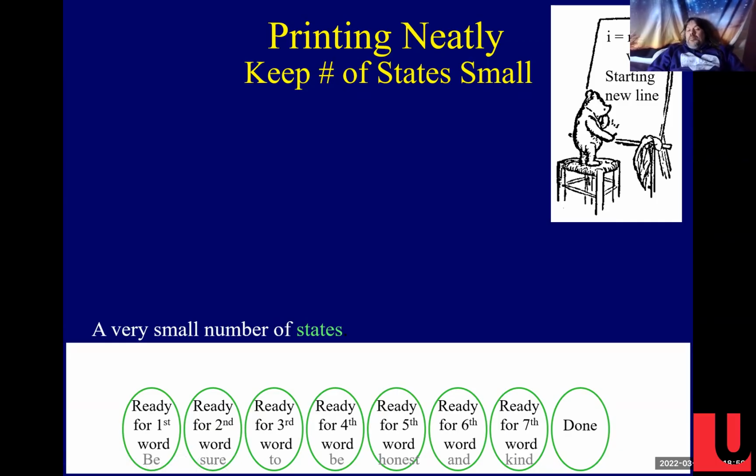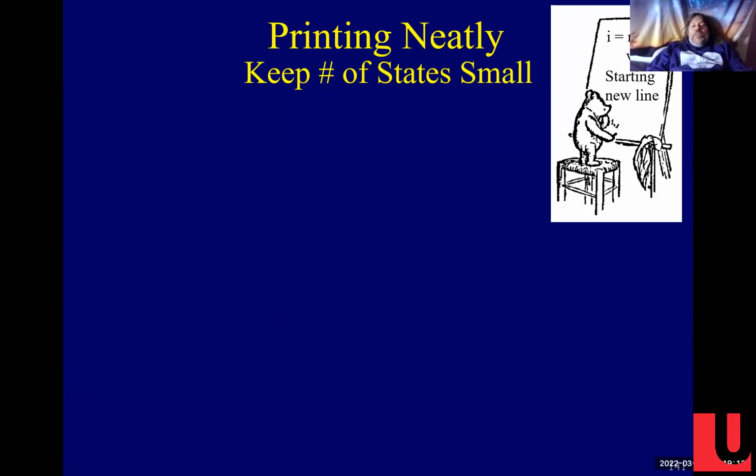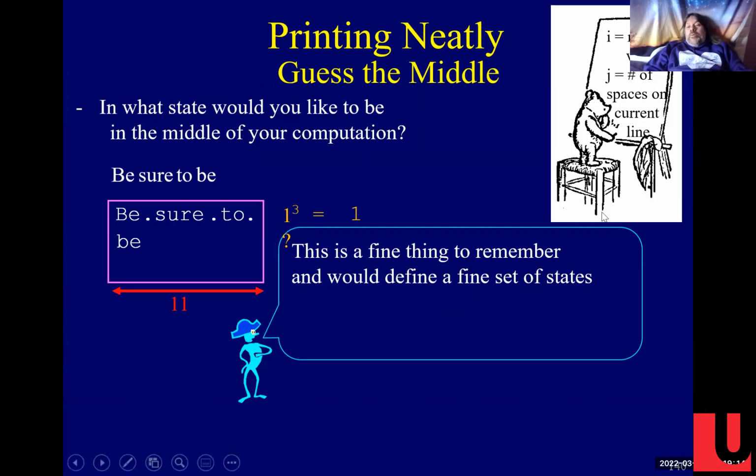Does that make sense? And you might be asking, why did I narrow it down to being at the beginning of a line? Maybe I should have done this algorithm over here where we're remembering the number of spaces, and we could have seen what the algorithm would have looked like. It would have had a lot more states, right?